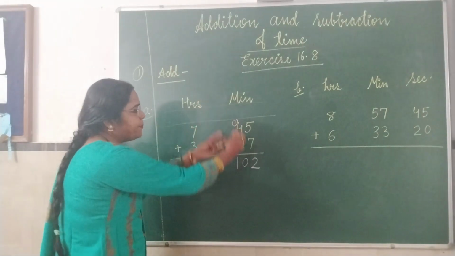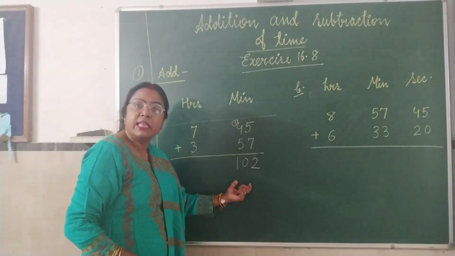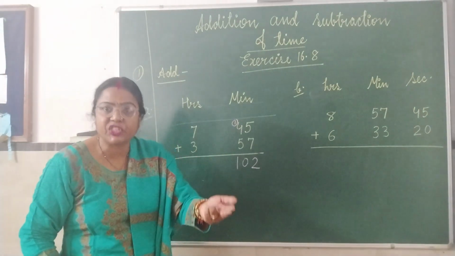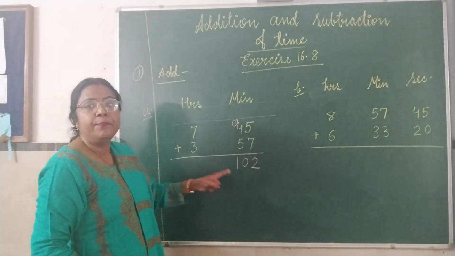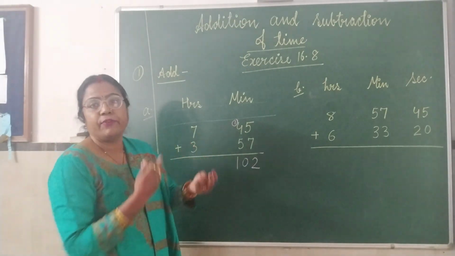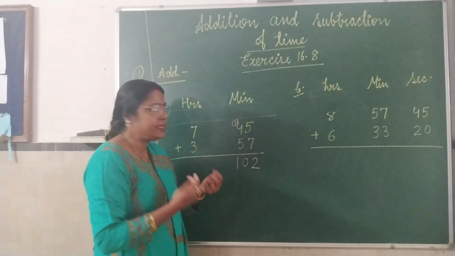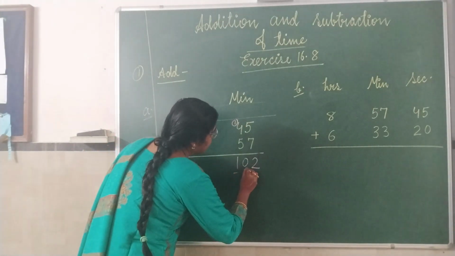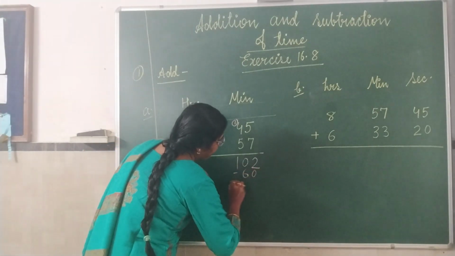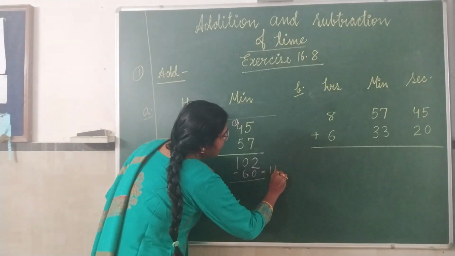We will add the minute part separately, and after adding the numbers, if the sum is more than 60, then we will convert it into hours. How to convert? One process you are doing is that we divide and convert. But the other process is that we subtract 60 from this number. And this 60 is equal to 1 hour.